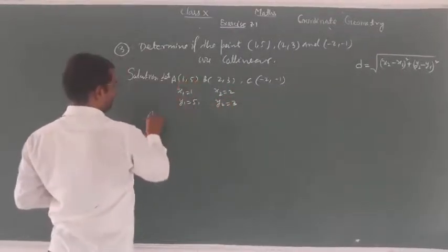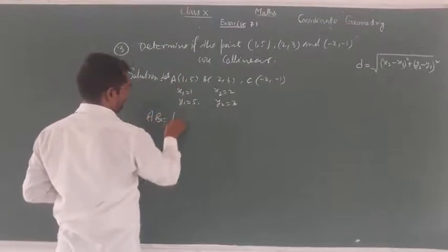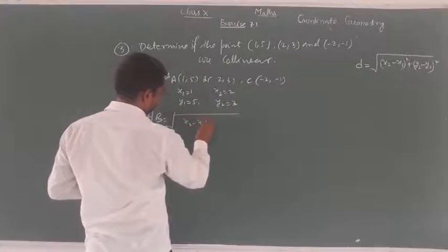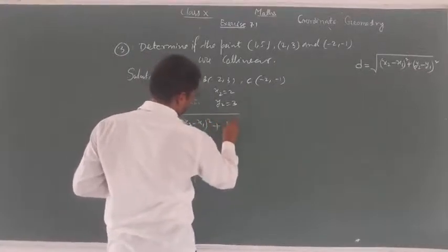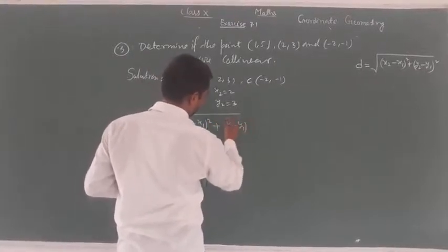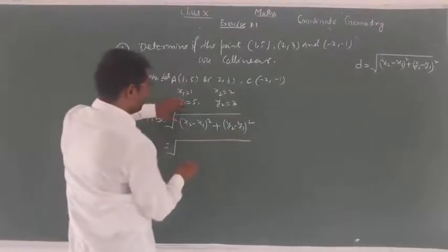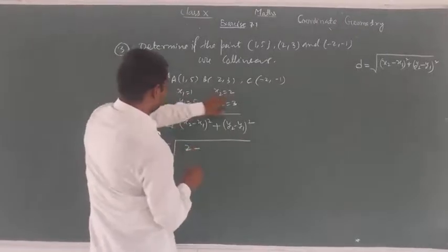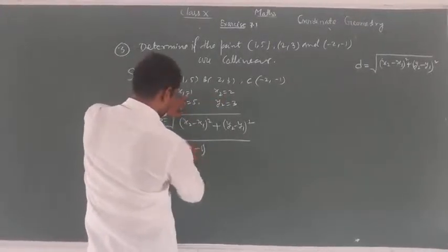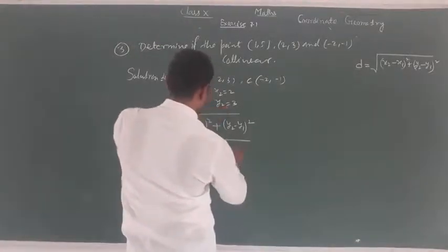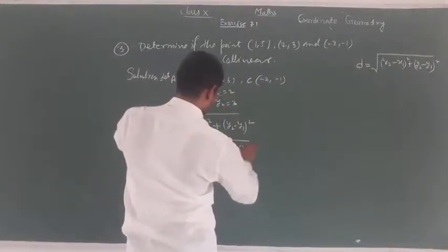Now the distance AB is equal to the square root of (x2 minus x1) squared plus (y2 minus y1) squared. So now put in these values: x2 is 2 and x1 is 1, squared, plus y2 is 3 minus 5.